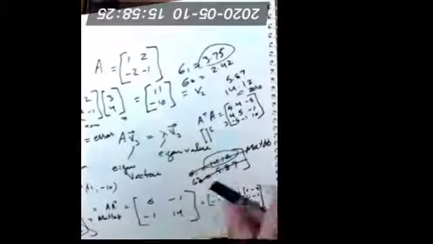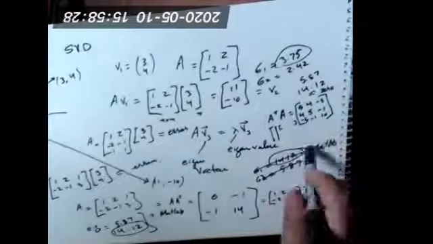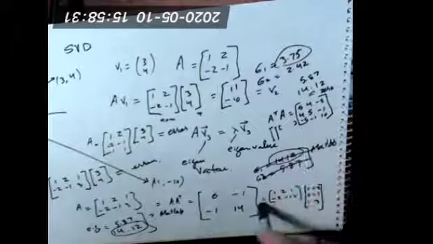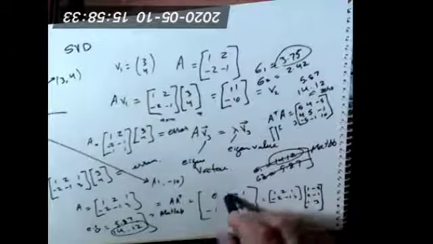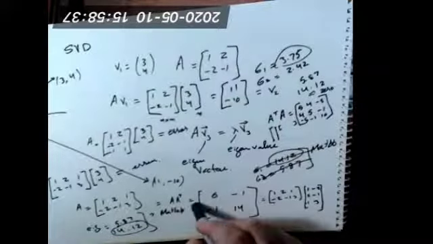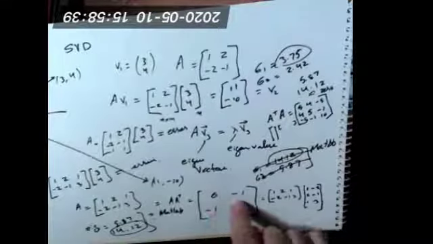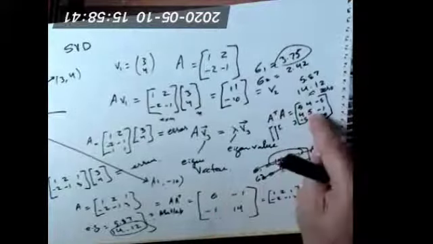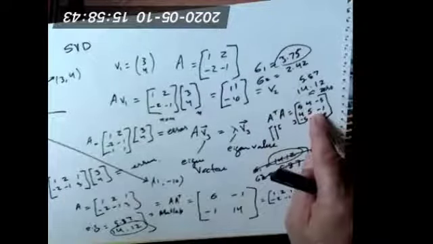This way we can find not just the singular values for this product, we can also find singular vectors for this square matrix over here, or singular vectors for this square matrix here.